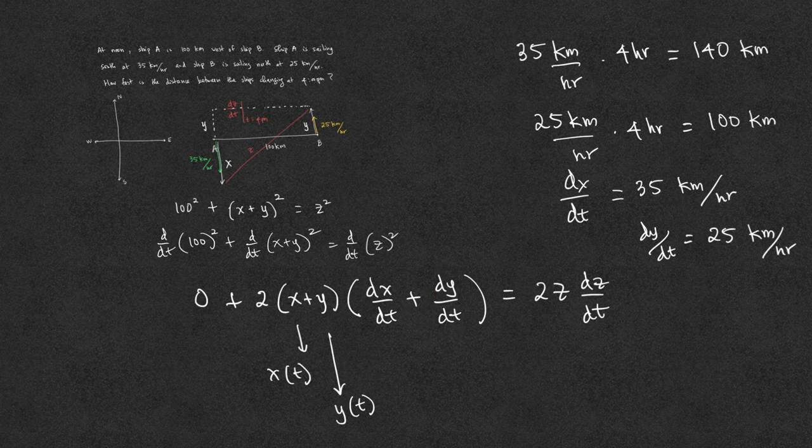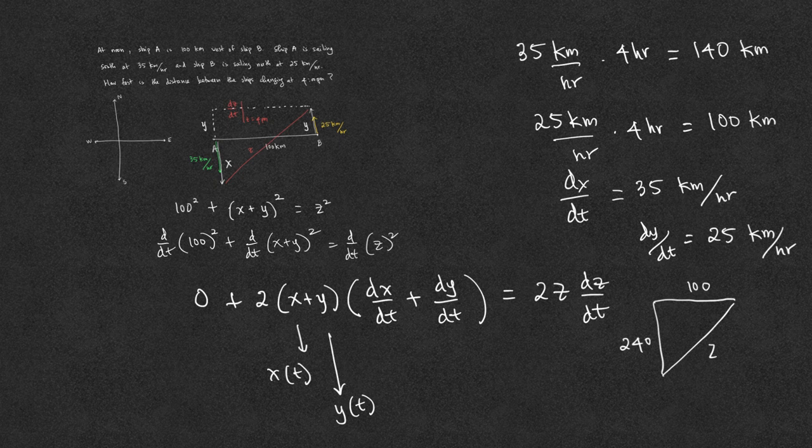We still need to find z, but to find z, we can just simply use the big right triangle. This horizontal distance is 100. We know that at 4 p.m., y is 100 and x is 140, and so the vertical distance is 240.